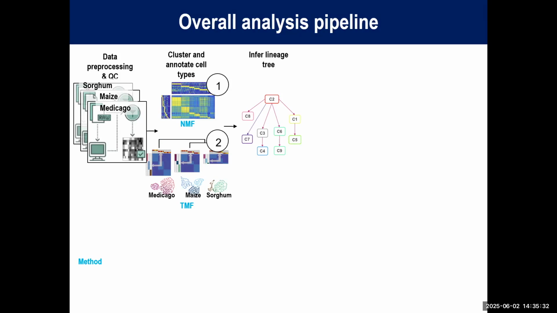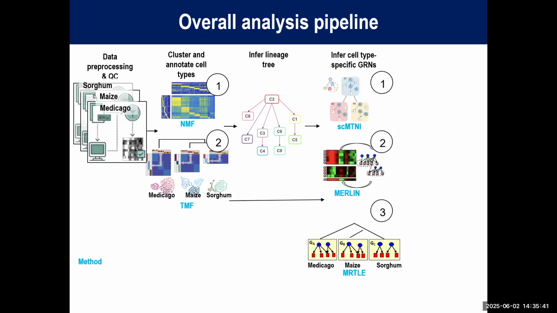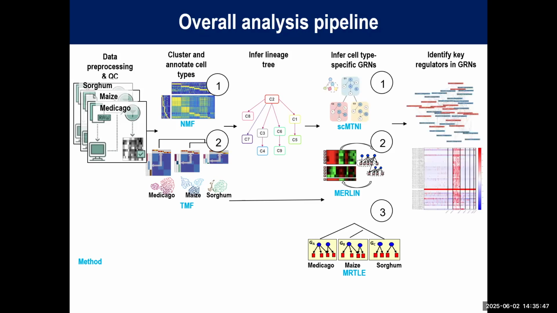NMF is generic, TMF is our lab's tool. And then infer the lineage tree. Lineage tree is the relationship of the different cell types we have. And using this, infer the cell type specific gene regulatory networks in order to identify some key regulators, and then do wet lab validation to check whether these regulators actually make sense.